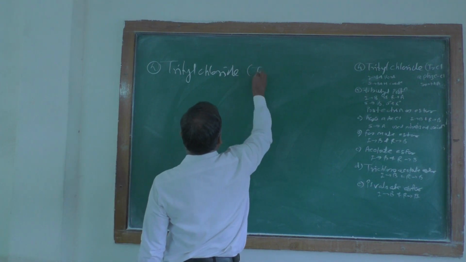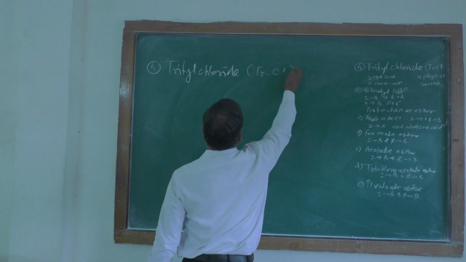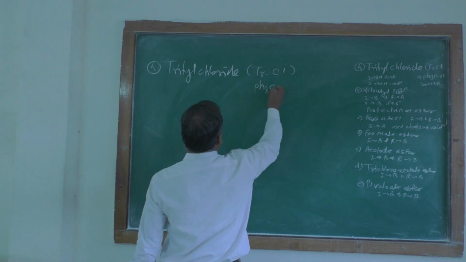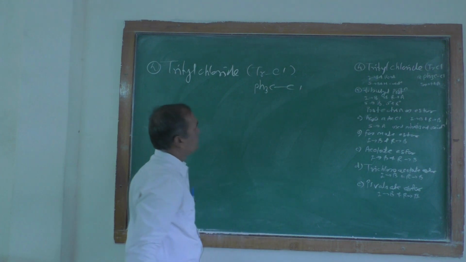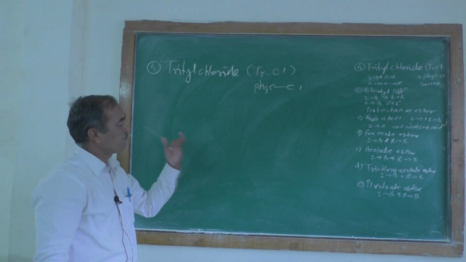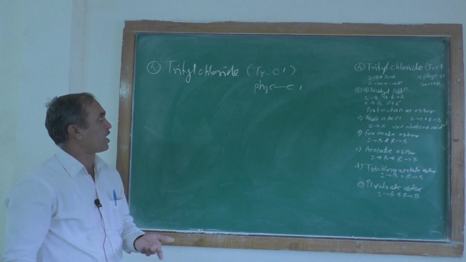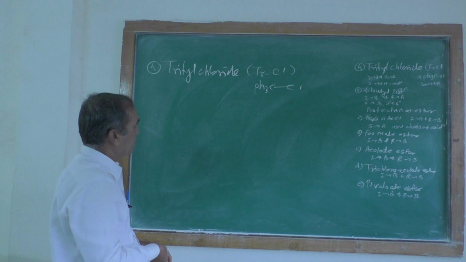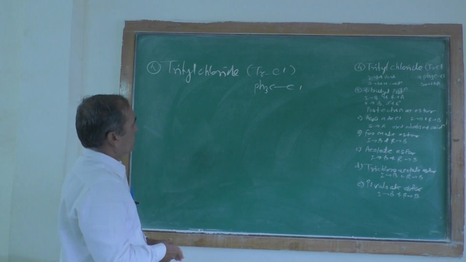In short it is written as TrCl, or Ph3CCl, meaning triphenylmethyl chloride, or chlorotriphenylmethane we can call it. So that is the thing.